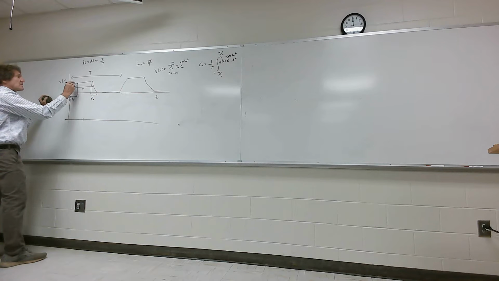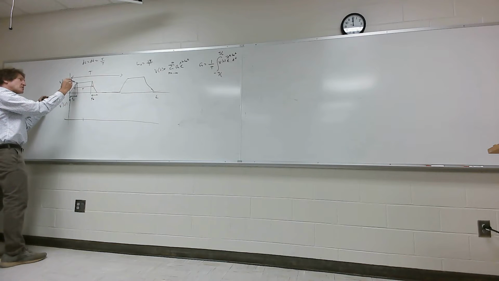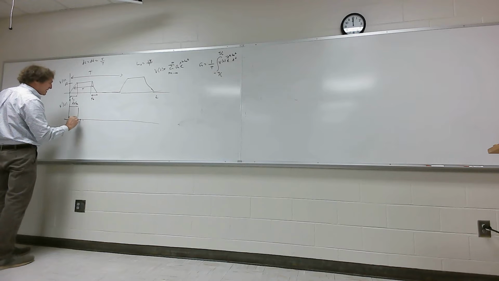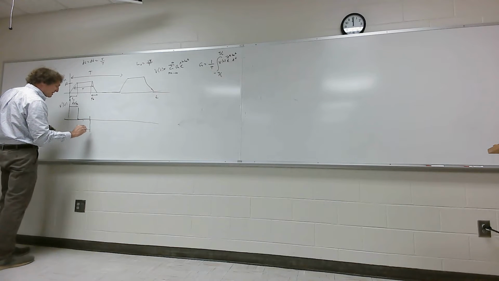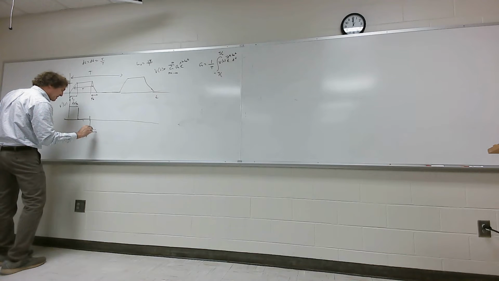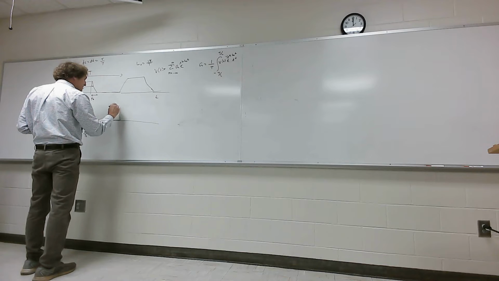When you take a derivative, it's the slope of the line, so this slope is rise A over run tau rise. It's going to have a height here of A over tau rise. Then it goes to 0, then over here it goes down to minus A over tau rise, and then it will repeat itself.